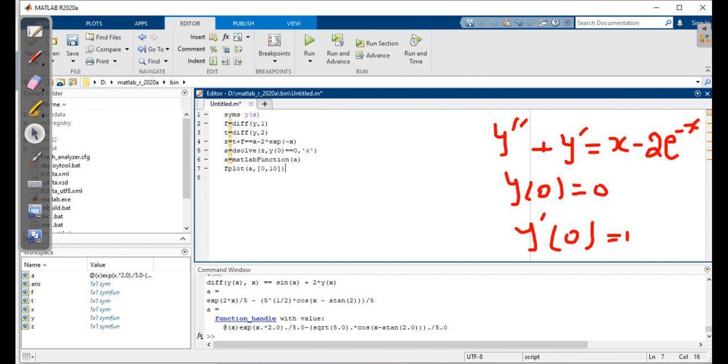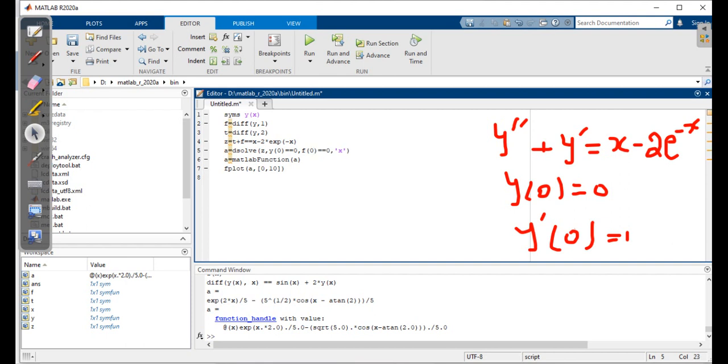Here we initialize the first condition, and the second condition we can initialize too. The second condition is y bar, the derivative of f at 0, is equal to 1, and f of 0 is equal to 0.